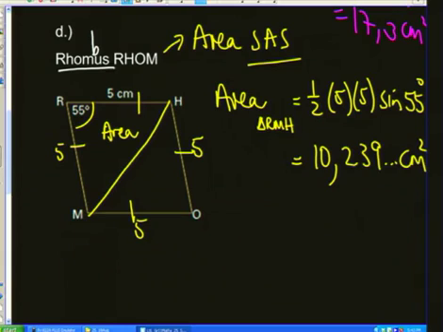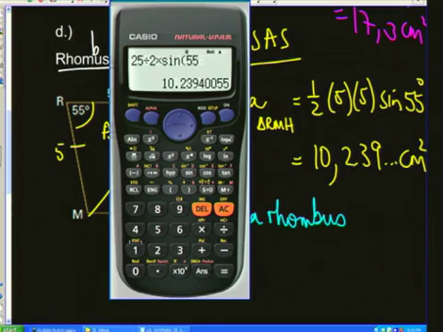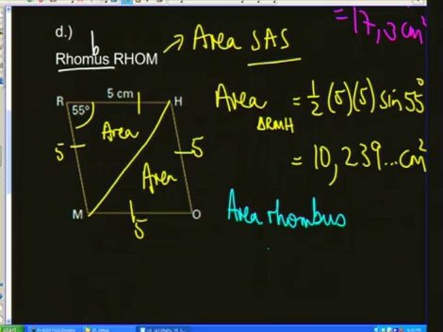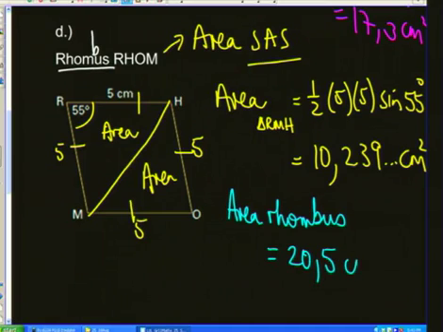But if we work with this area as well, same area, the area of the rhombus would be that area times 2, so we get 20,5 square centimeters.